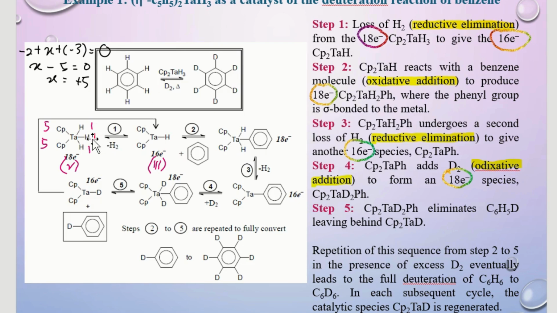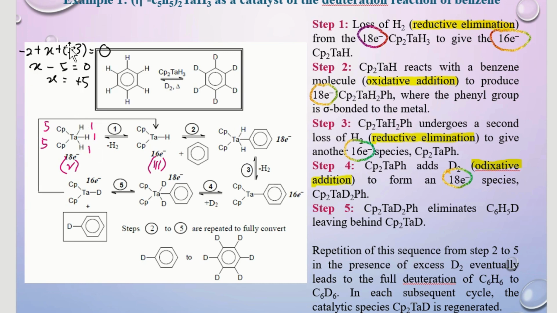So first of all, I just want to refresh how to calculate the oxidation number of our catalyst. This is the initial step, step 1. Our compound has 2 Cp, the central metal, and also 3 hydrogen.